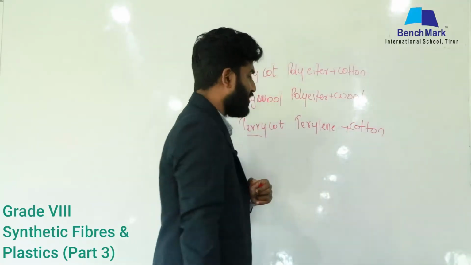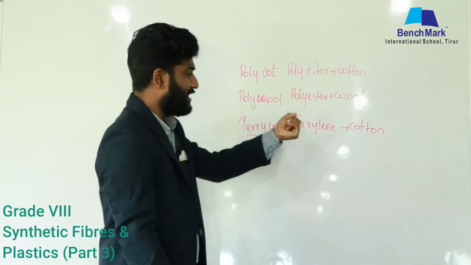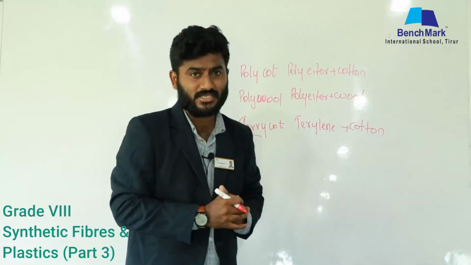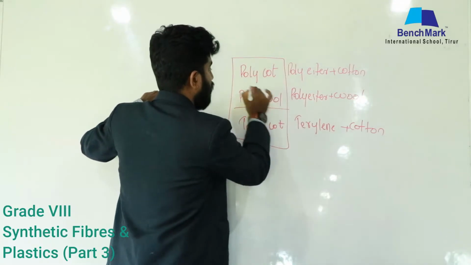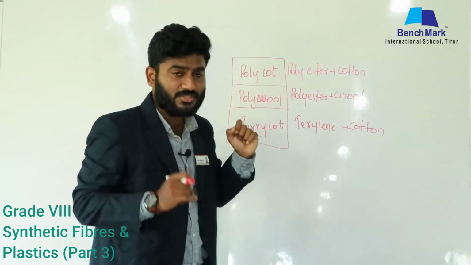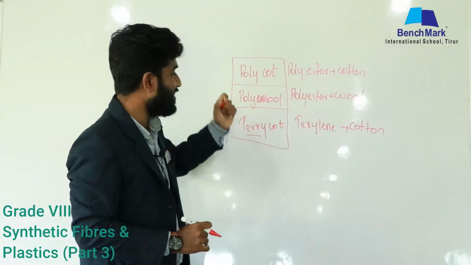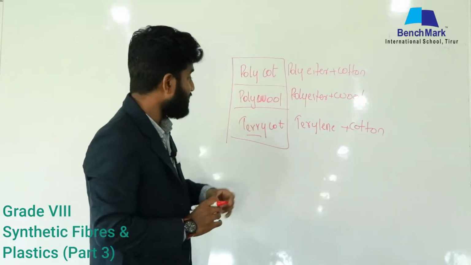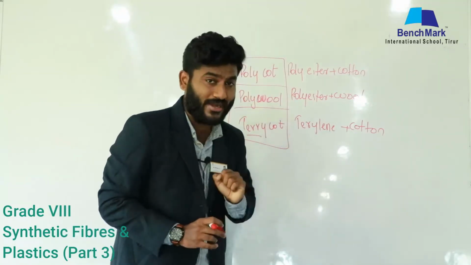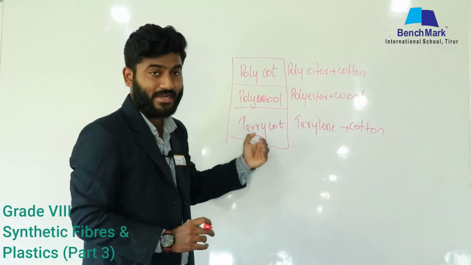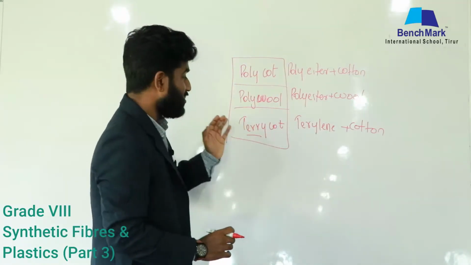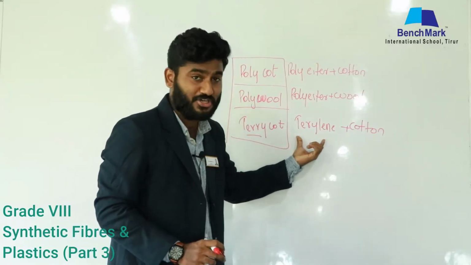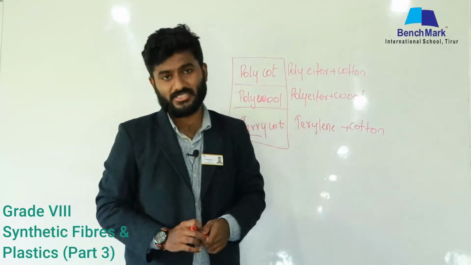You may wonder what terylene is. It's a type of polyester that we are going to discuss. So there are three combinations where we use polyester. Polyester with cotton is known as polycot, polyester with wool is known as polywool, and terylene with cotton is known as terrycot. Remember, terylene is an example of polyester.